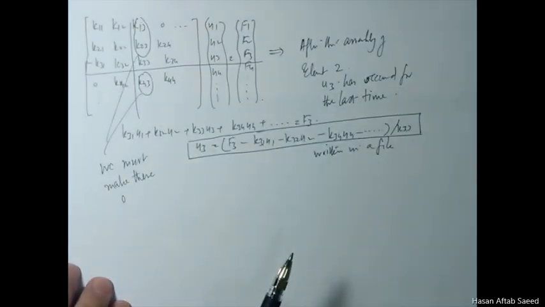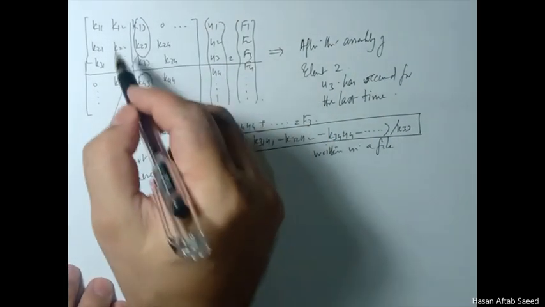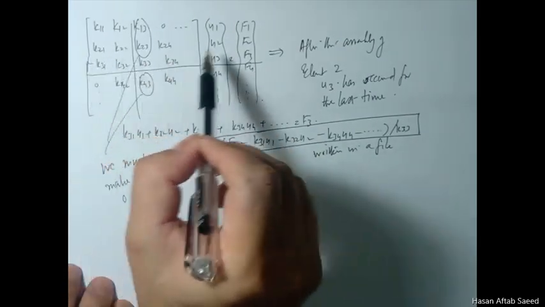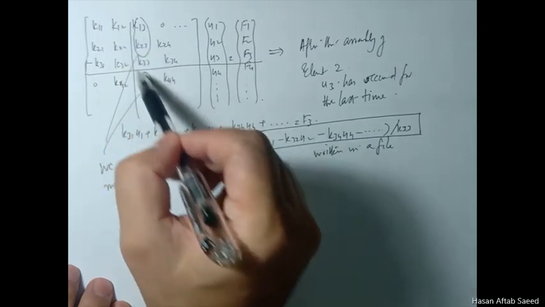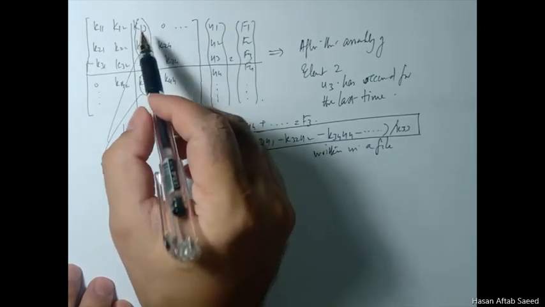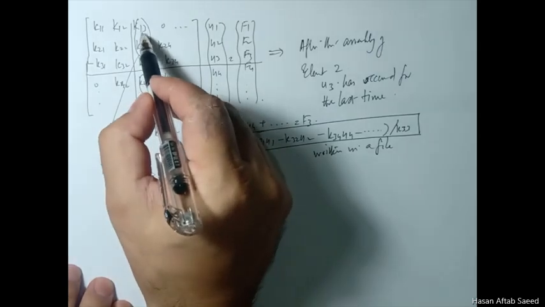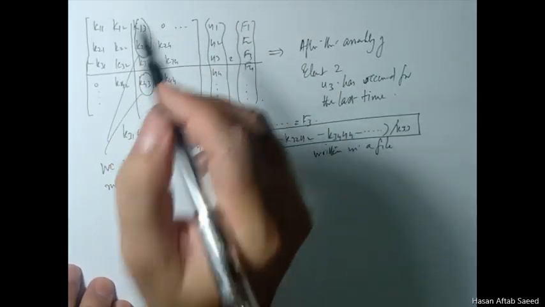How to do that? We will factorize this equation and then subtract or add to other equations and make sure that these become 0. In other words, we'll utilize row operations.